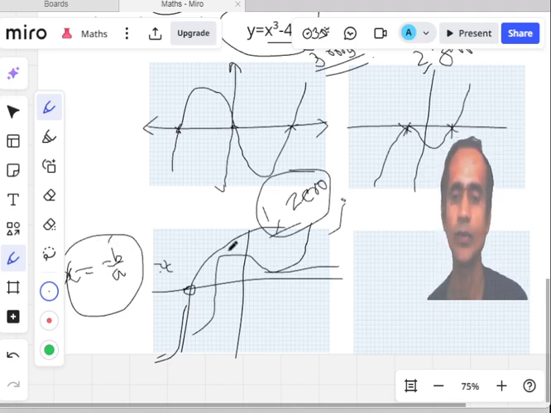Now we will find out how the zeros of a quadratic equation and a cubic polynomial relate. That we will learn in our third part of the video.